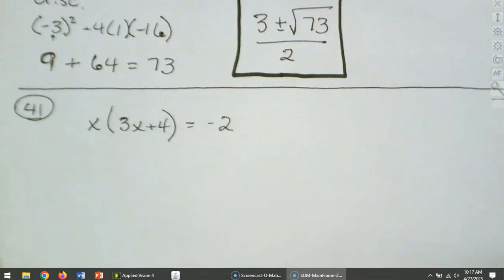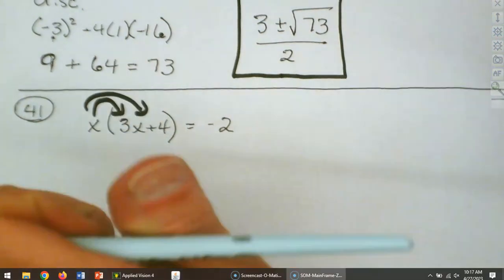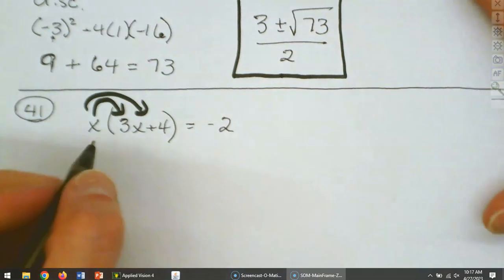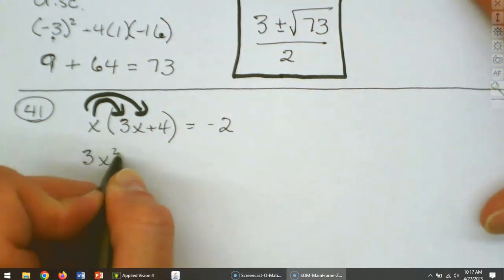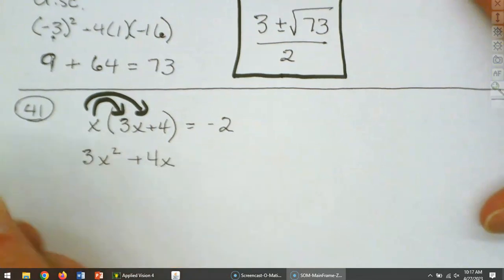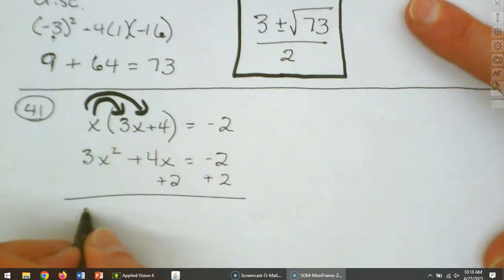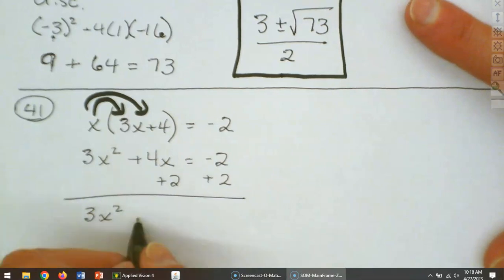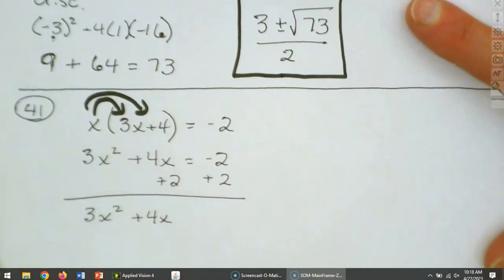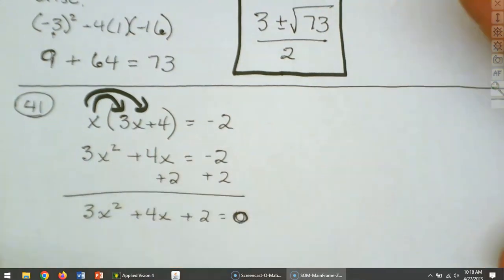Well, we can't have parentheses, so that x in front has to be distributed through. And that is then 3x squared plus 4x equals a negative 2. We're going to add that 2 over. Now we're left with this. 3x squared plus 4x plus 2 equals 0.